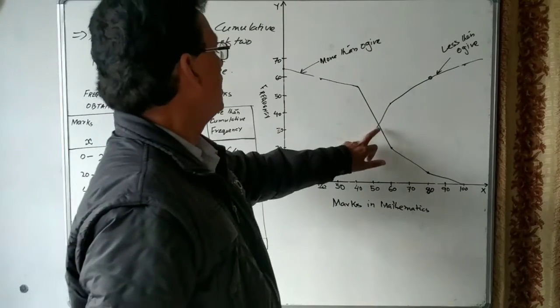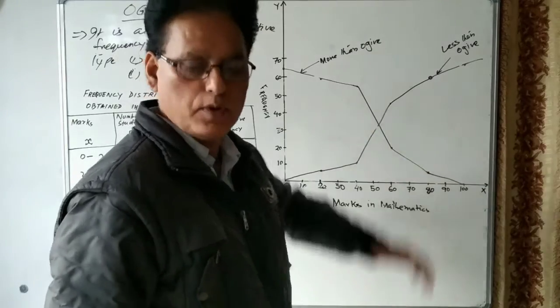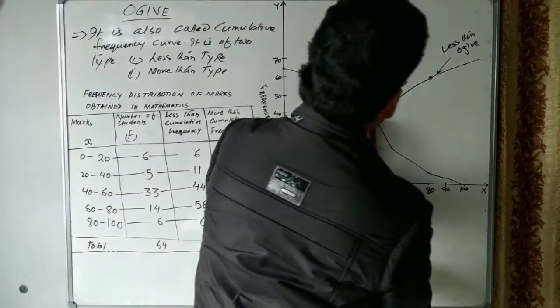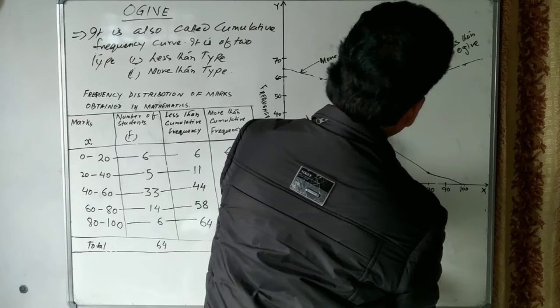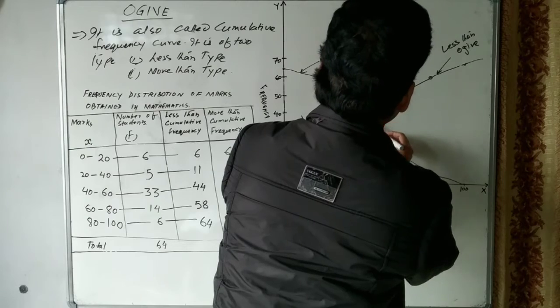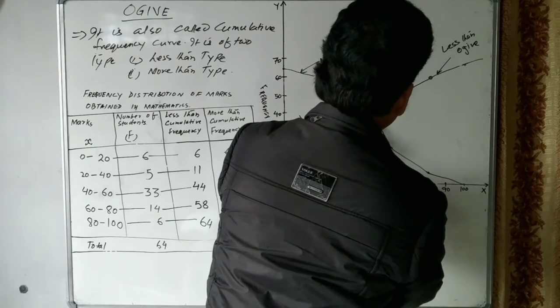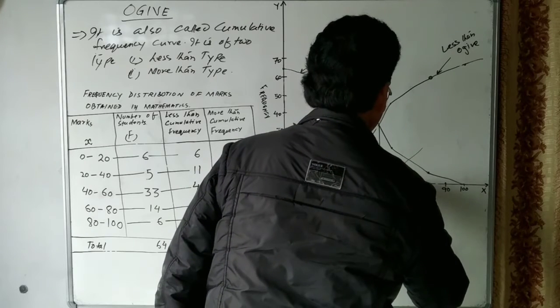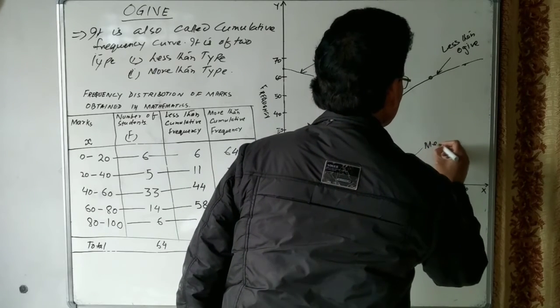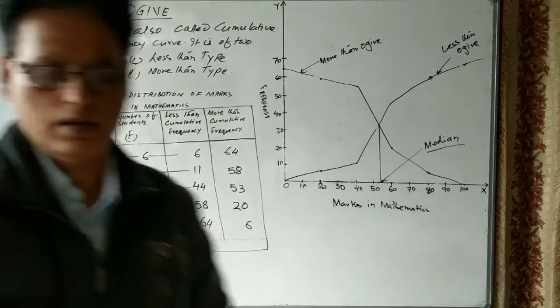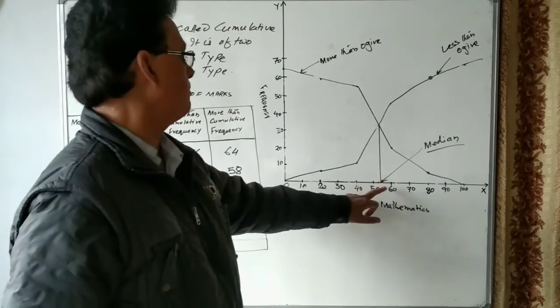From this intersection point, we drop one line on the x-axis. This point we have got is known as the median. We can measure this point on a graph paper.